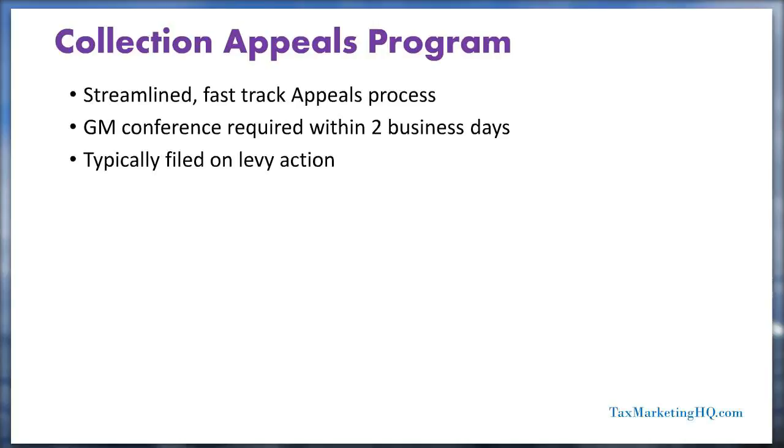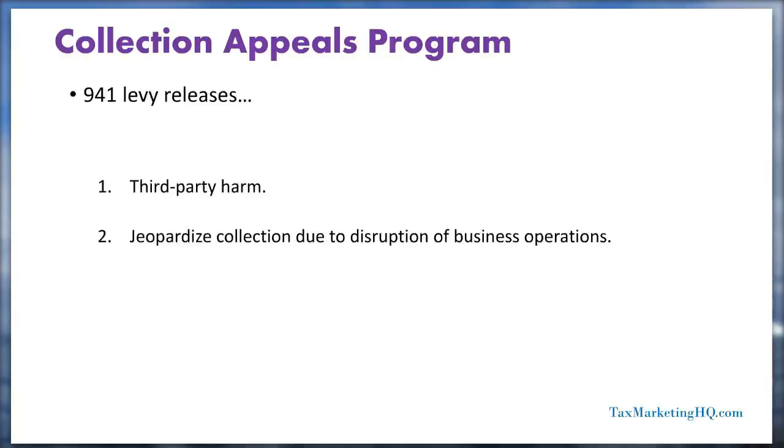Real quick, let's talk about appeals. Collection appeals program. This is a fast track appeals process that requires the issue being addressed within a couple of days. Normally, you're going to file a cap appeal on proposed levy action or actual levy action. And here are the two most common things you're going to file a cap appeal for. When you're trying to obtain a levy release, in particular when there is third-party harm involved.